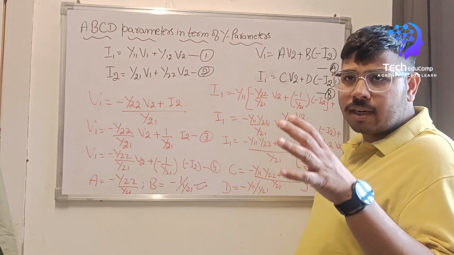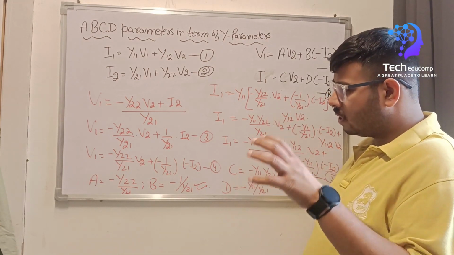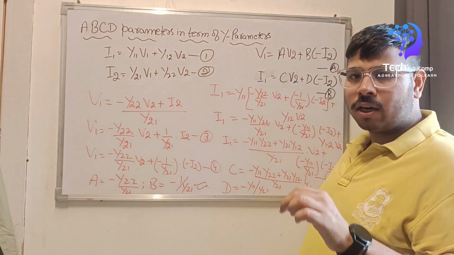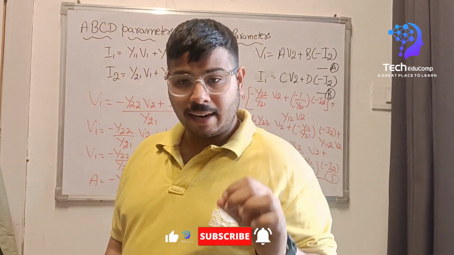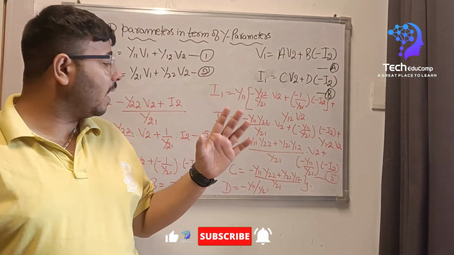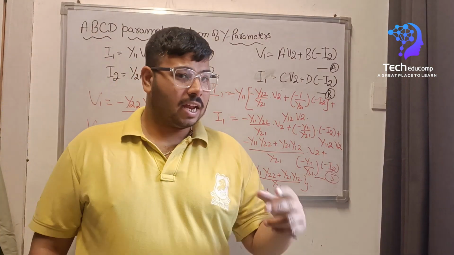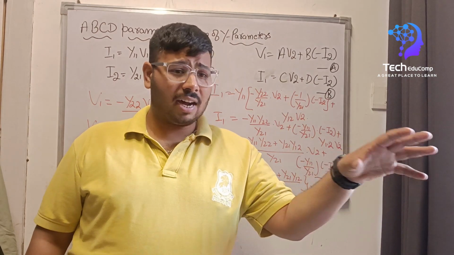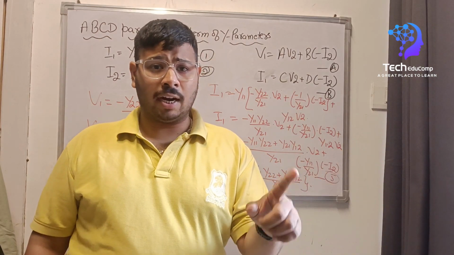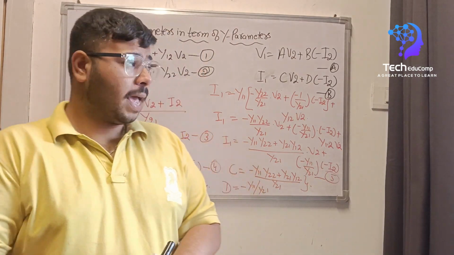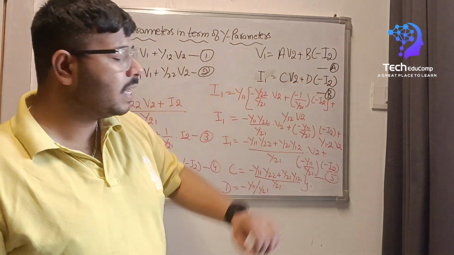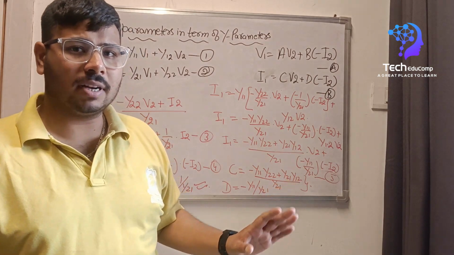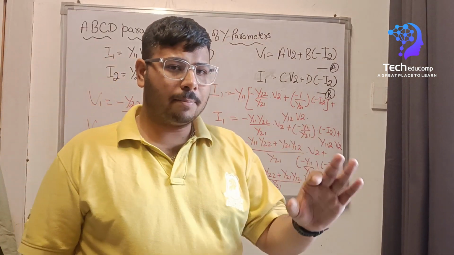Here you should remember that I2 is not positive. You have to make it negative, then you can write in this form. Unlike the rest of the parameters, where V1, V2, I1, I2 are all positive, here a single term is negative. That's what makes it different from the rest, so you have to keep it in mind.